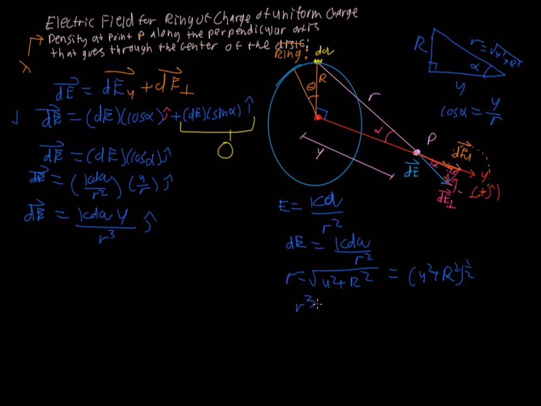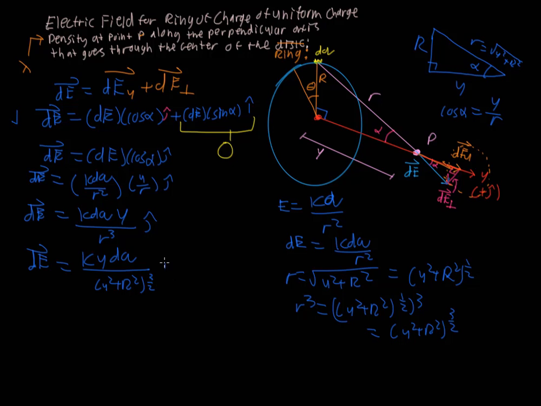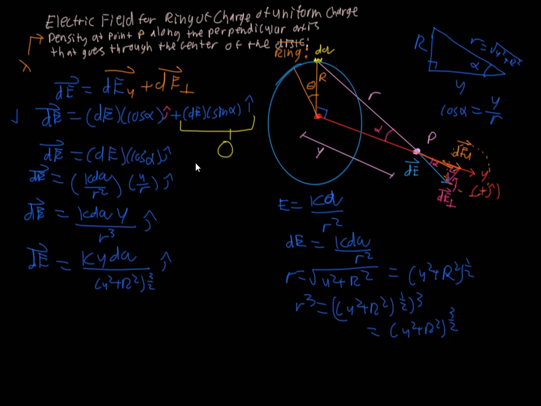So now if we cube it, similar to what we did with the linear charge distribution, it's y squared plus r squared to the 3/2. So now we're going to sub this in for r cubed. We're really just subbing in root y squared plus r squared and then cubing it, which gives us this. So we have k, and I'll move the y to the front, k dq over y squared plus r squared to the 3/2 j hat.